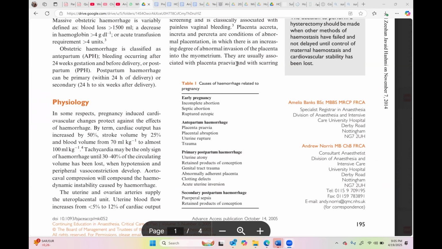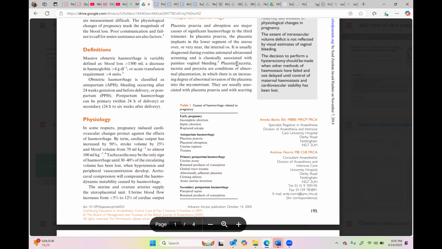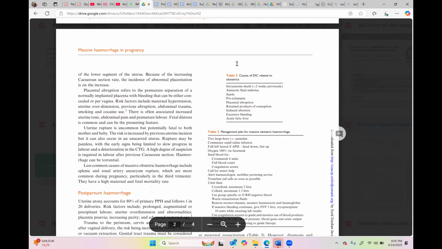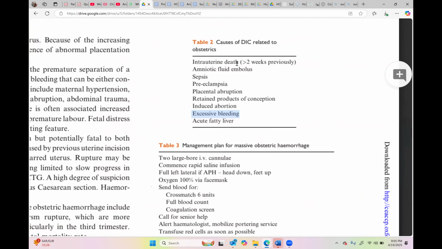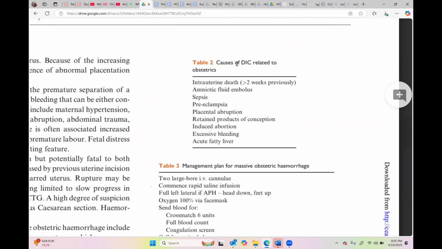Whenever maternal bleeding comes to your mind, think of placenta previa, abruption, rupture, or the common coagulation problems. Say the common things first. So this is the more important thing. DIC occurs in amniotic fluid embolism, intrauterine death, sepsis, preeclampsia, abruption, retained products of conception. So, how will you manage?